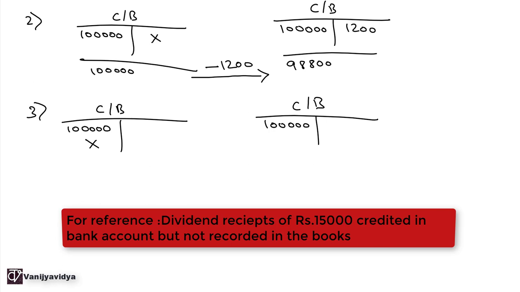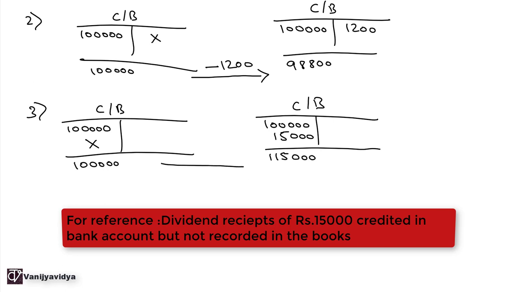So now we have to pass this entry. What will be the journal entry? Bank account debit to dividend account. So on the debit side of cash book, we'll write it as 15,000. So now the balance was 1 lakh initially. Now after passing this entry, the balance is 1,15,000.